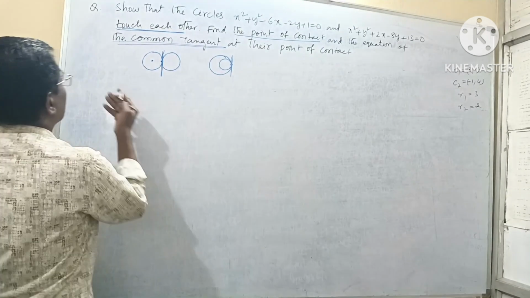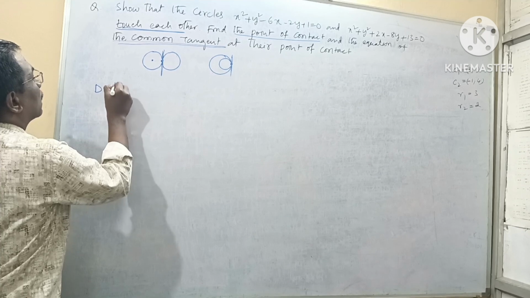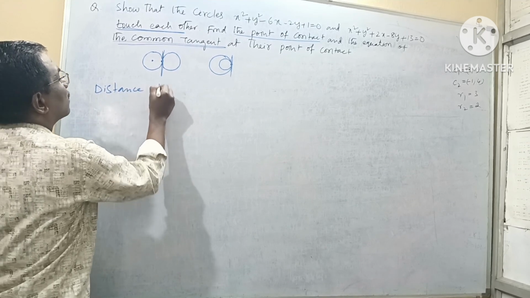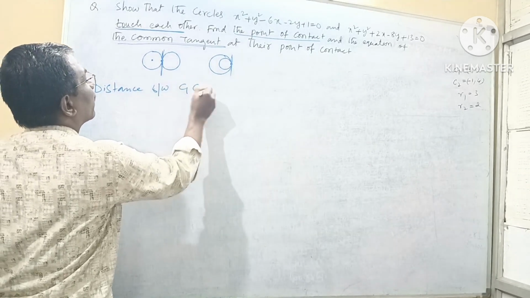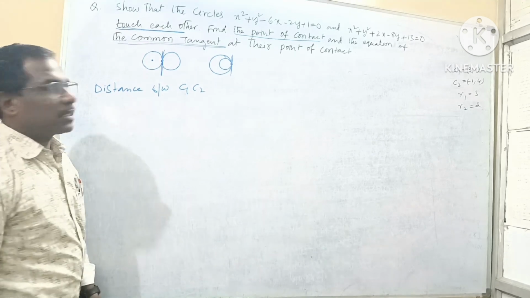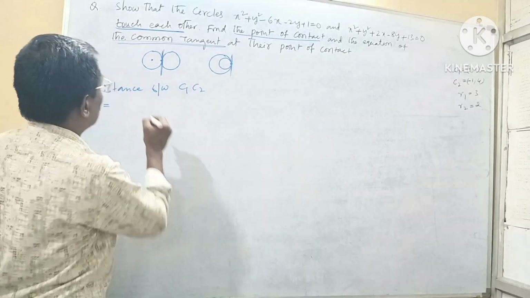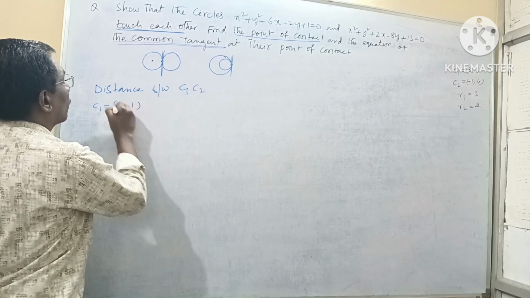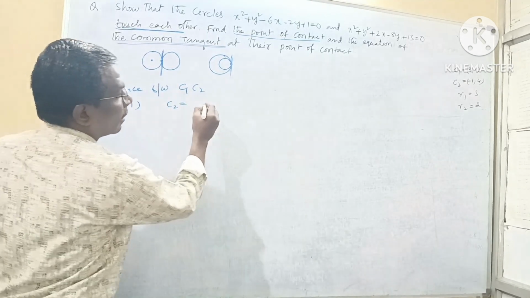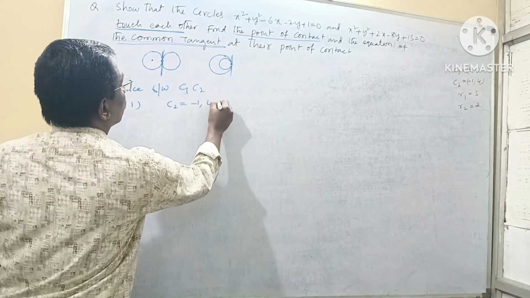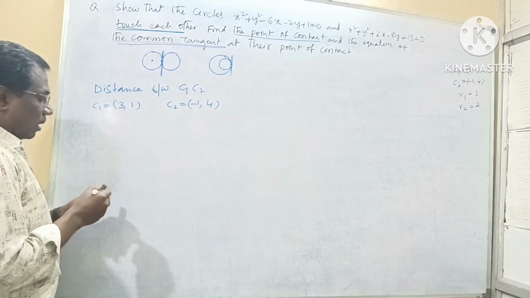Now we find the distance between C1 and C2. So what is C1? C1 is (3, 1). C2 is (-1, 4).